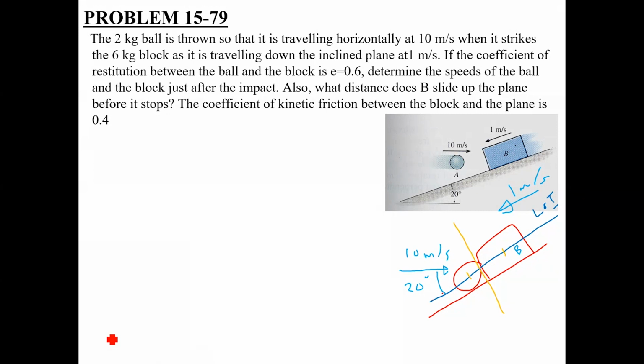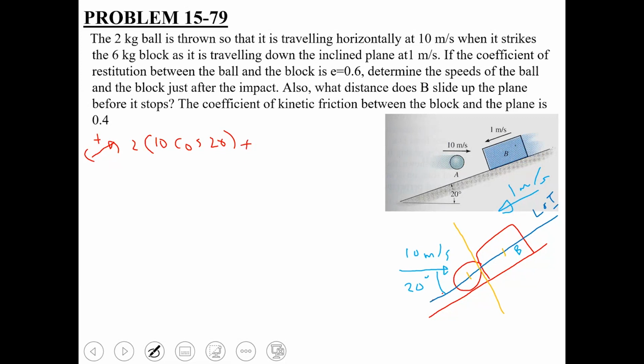The line of impact is defined as this particular line, and we are taking the positive axis up the incline. So the initial momentum of particle A is 2 into 10 cos 20. Positive or negative? Positive. So 2 into 10 cos 20 is going to be the momentum of particle A along the line of impact.